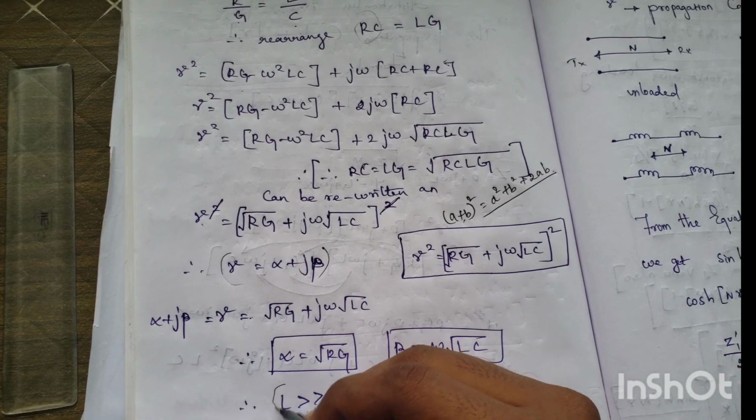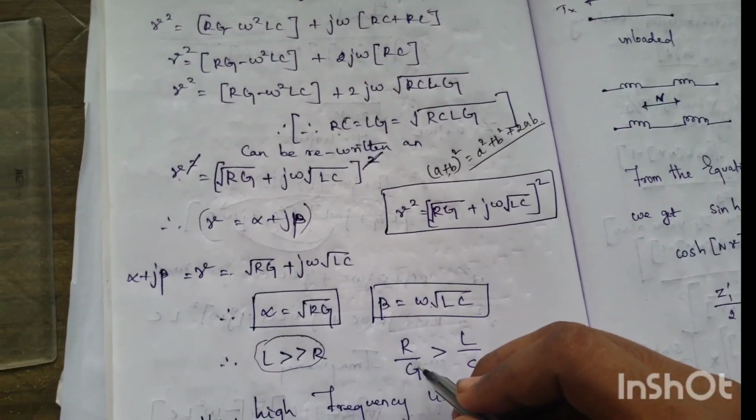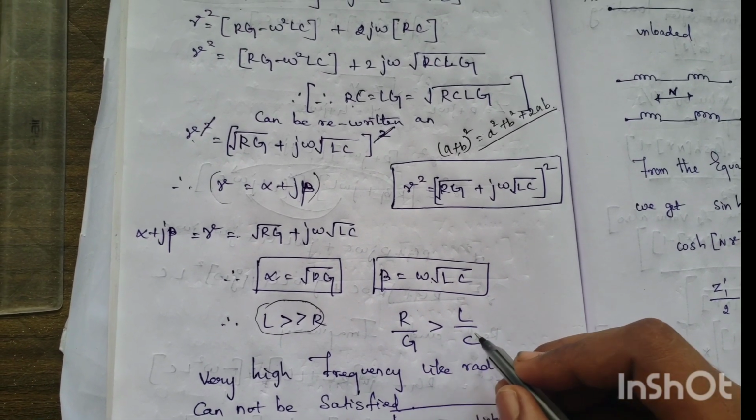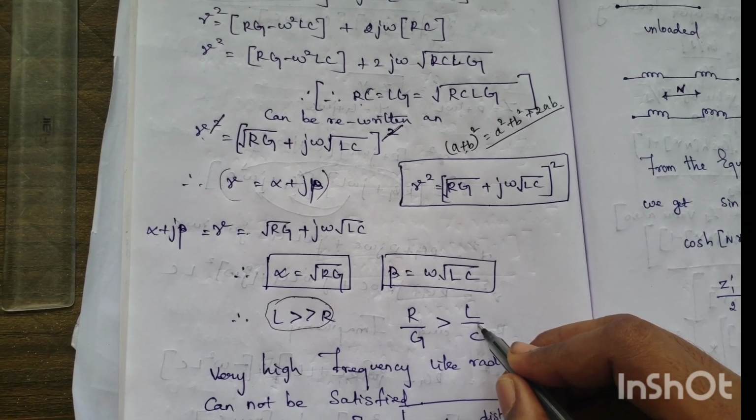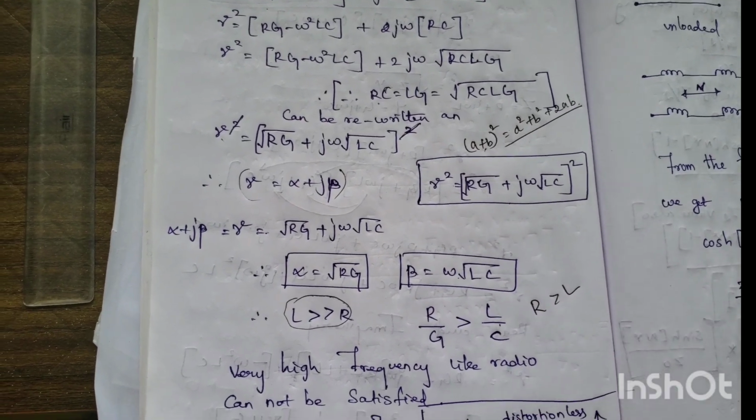We have a condition like l is greater than r, or r divided by g is greater than l divided by c. That indicates r is greater than l.